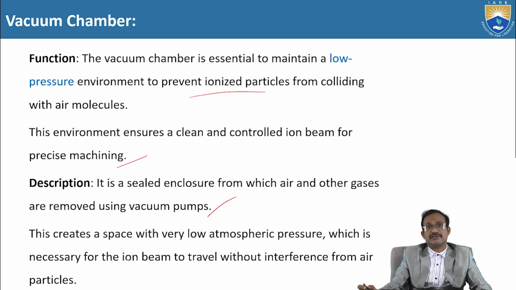If there are air particles in the chamber, then we cannot call it a vacuum chamber, and there will be a chance of interference. So then definitely the workpiece material removal will not be as per the requirement.